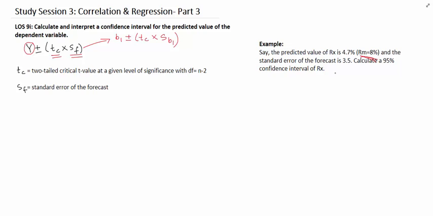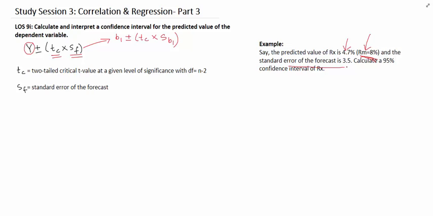Okay, so let's work this out with the help of an example. I'm using the same example as we did for predicting the value of the dependent variable, where we used the value of Rm as 8% and we arrived at the value of the dependent variable as 4.7%.